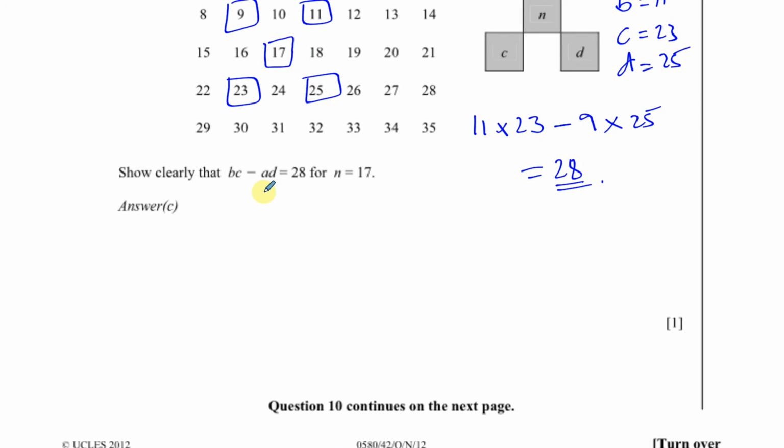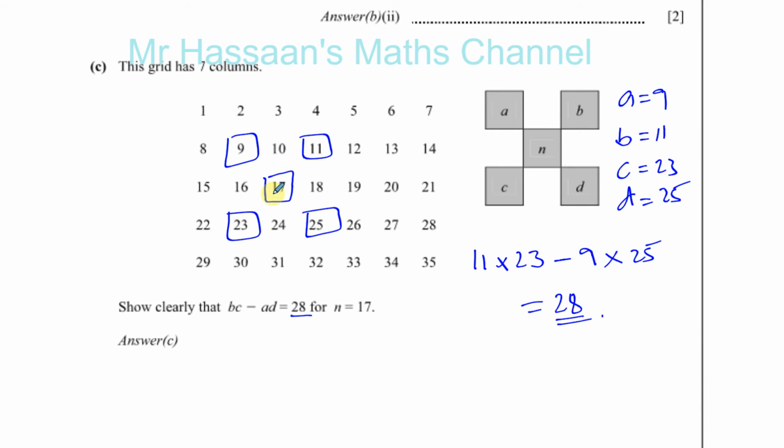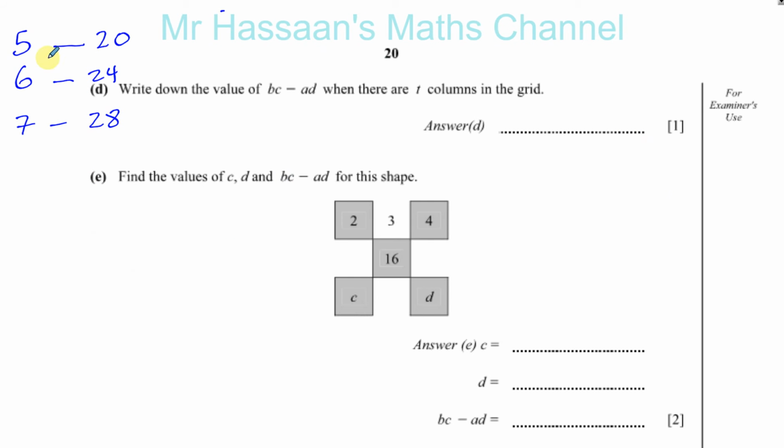You'll notice that if you multiply each of these numbers of columns by 4, you'll get the value of BC minus AD. So if there are T columns, that's going to be times 4, which is 4T. So they expect you to spot that pattern, and then you get the answer.